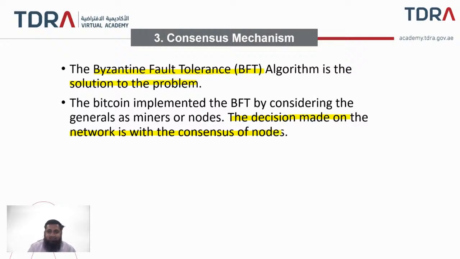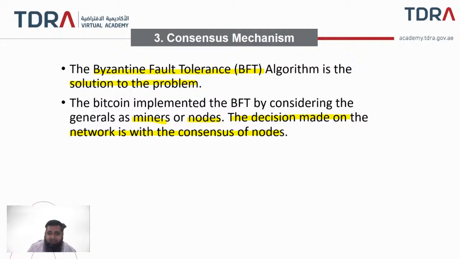As managers decide in management, similarly in the blockchain there are no managers. There are nodes. And who are the nodes? Nodes are the computers connected to the blockchain, and they make decisions by democracy. The more nodes that agree to the decision, the more the decision is made on that point.